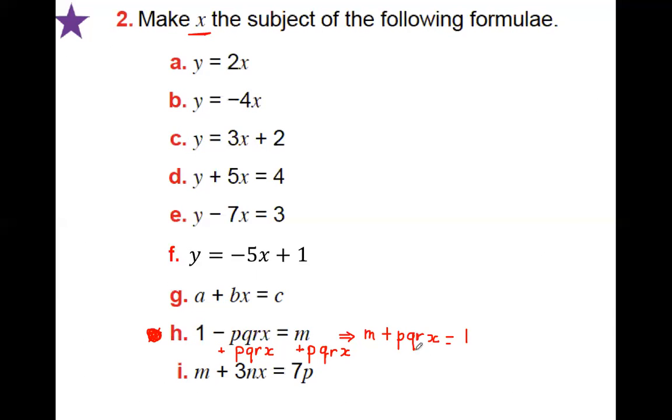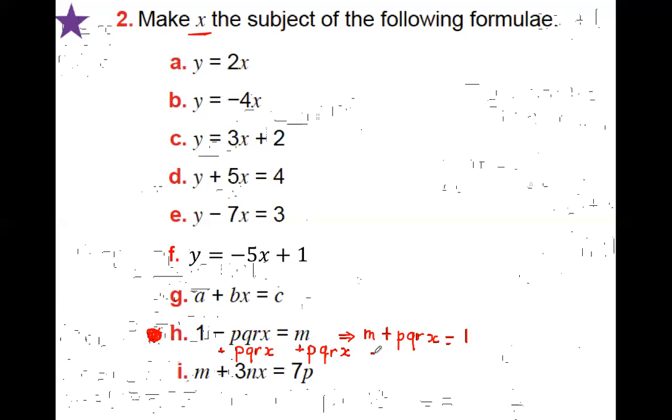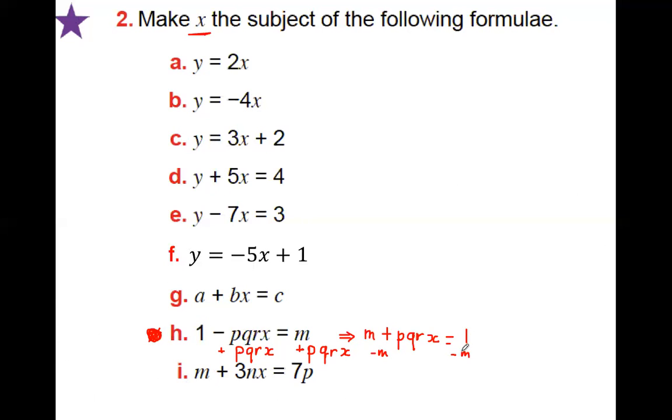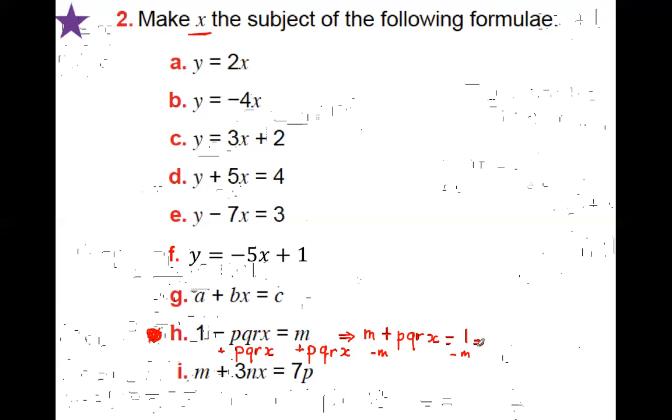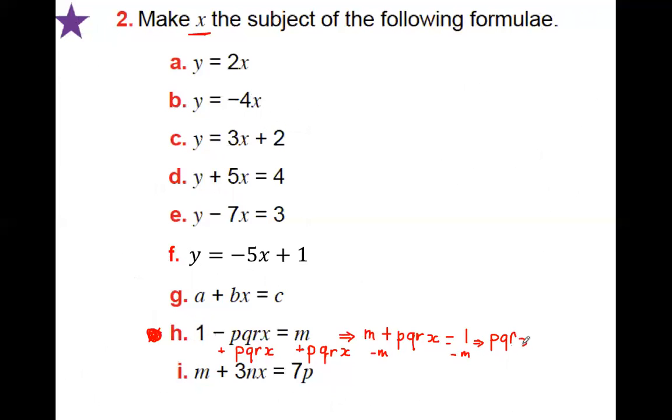The next thing I need to get rid of is that M. This is an add M, so I need to take it away, so take away M on both sides. So 1 minus M. Now that gives me PQRX equals 1 minus M. Remember, you treat M as if it was a number.